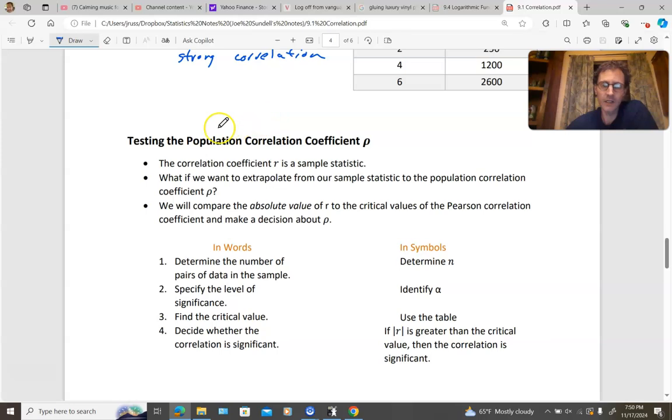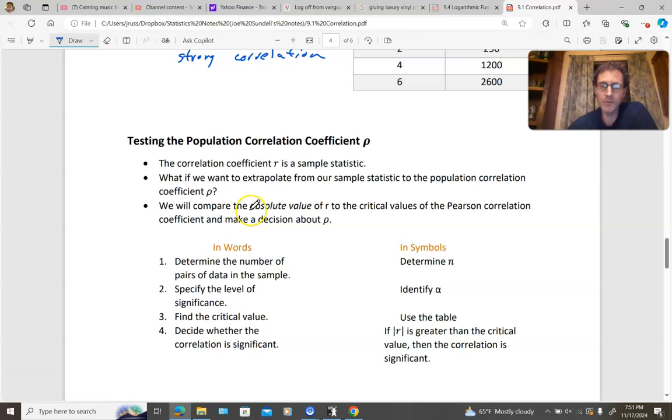All right, so testing the population correlation coefficient rho. So like I said, the correlation coefficient R is just a sample statistic. So what we want is to extrapolate from our sample statistic to the actual population correlation coefficient rho.